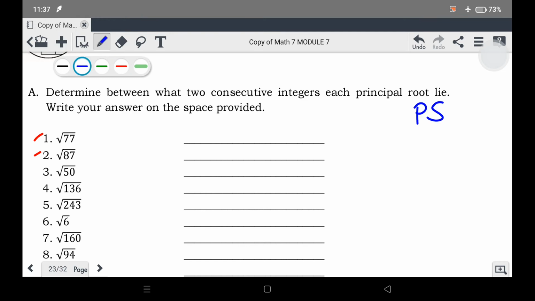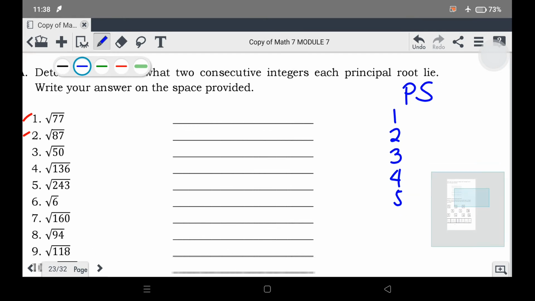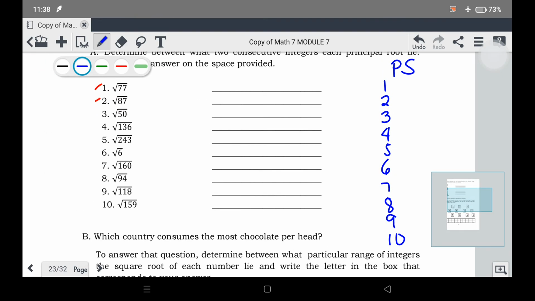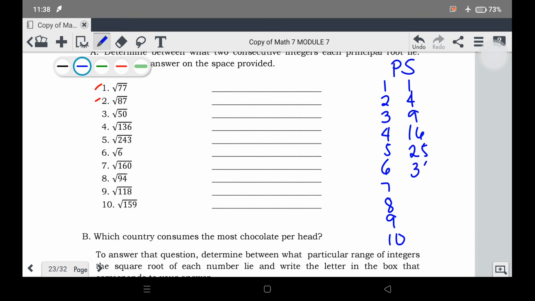So let me list 1, 2, 3, 4, 5, 6, 7, 8, 9, 10. The perfect squares are 1, 4, 9, 16, 25, 36, 49, 64, 81, and 100, of course.